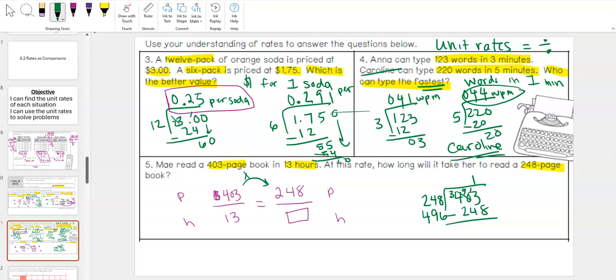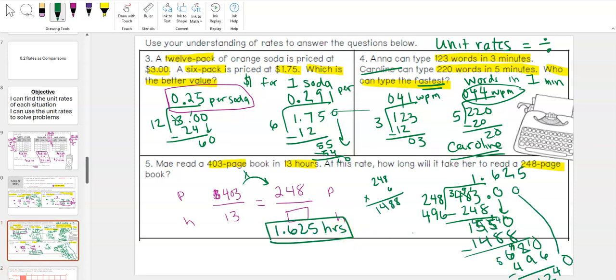Okay, I have to figure that out. Let's see. Let's try 248 times 6. I'm going to pause this so we don't take up our whole video doing division.